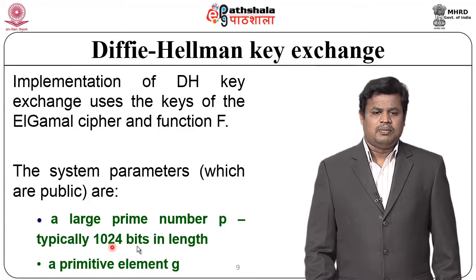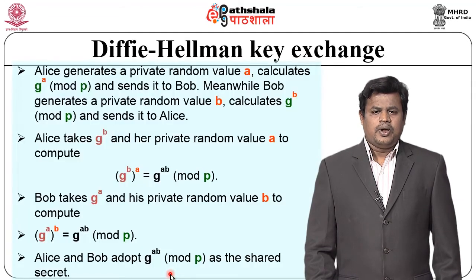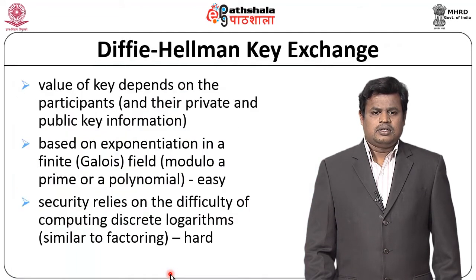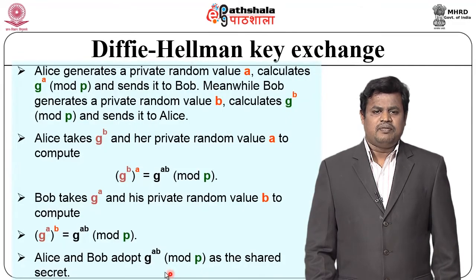After choosing the prime number, we need to choose a primitive element G. So, what is this primitive element?